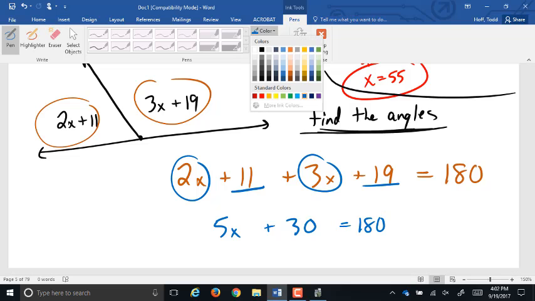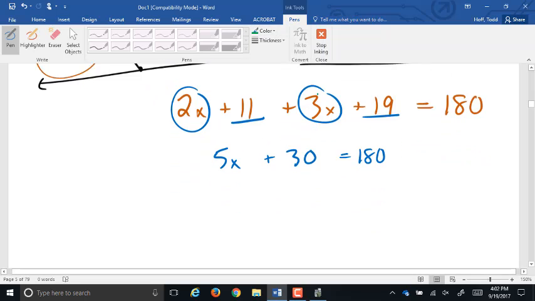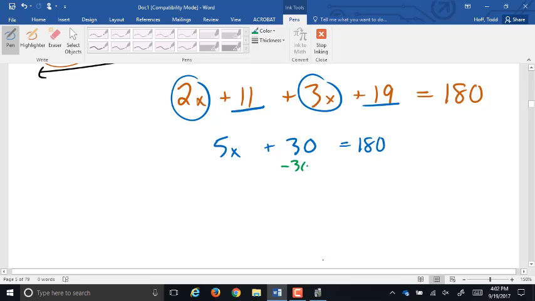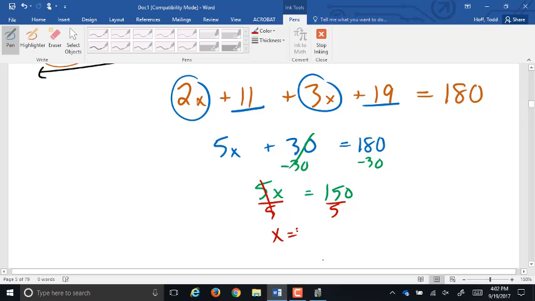So 5x plus 30 equals 180. Now what? Subtract 30. Very good. 5x equals 150. And then divide by 5. So we get x equals 30.